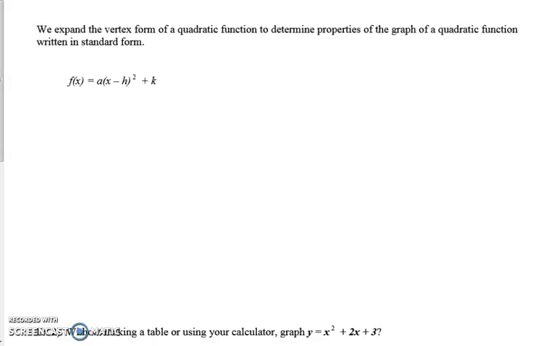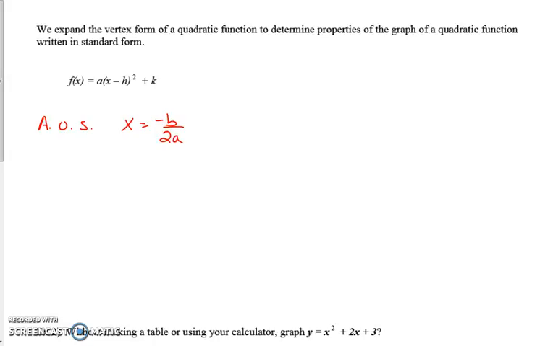On the next page, we're going to expand vertex form of a quadratic to determine the properties of the graph of a quadratic function written in standard form. So as you notice, I gave you vertex form, f of x equals a times x minus h quantity squared plus k. And what I want you to remember is that the axis of symmetry is x equals negative b over 2a.